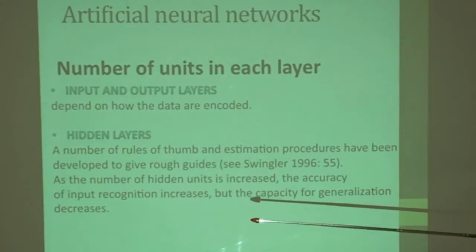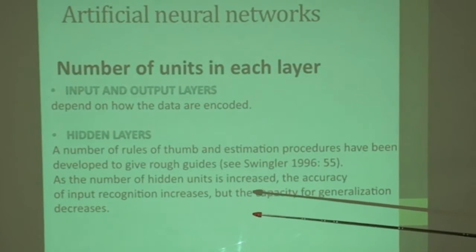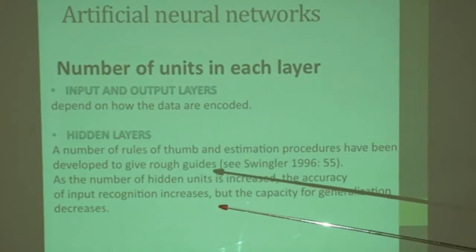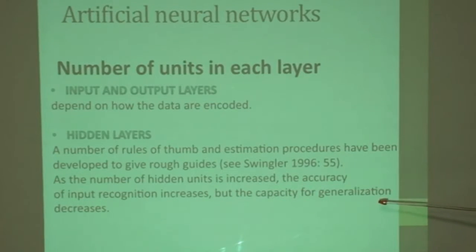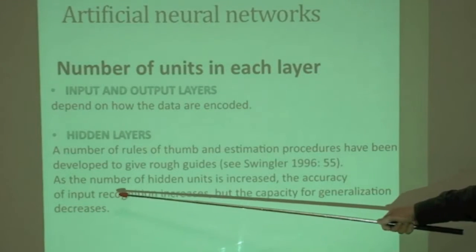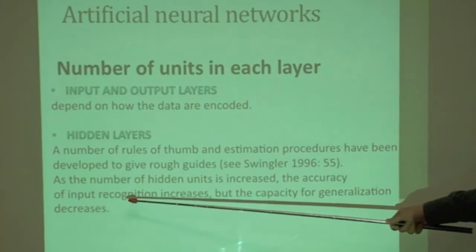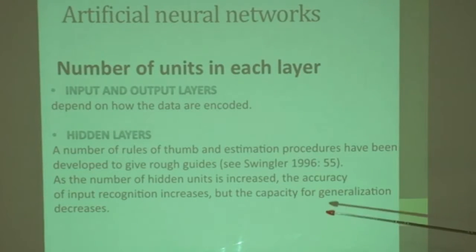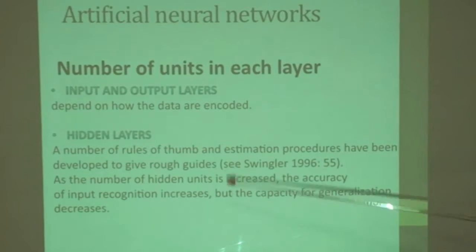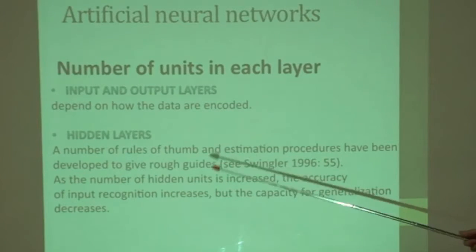However, the capacity for generalization will decrease. So there is a trade-off between the accuracy of input recognition and the capacity for generalization. We have to consider this trade-off very carefully.